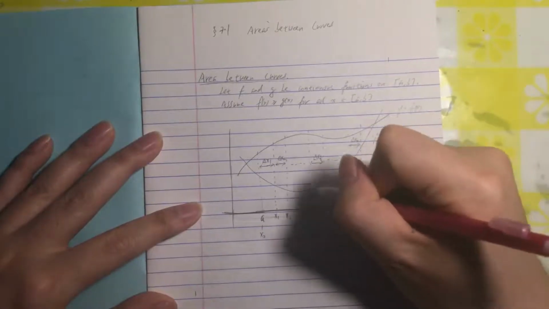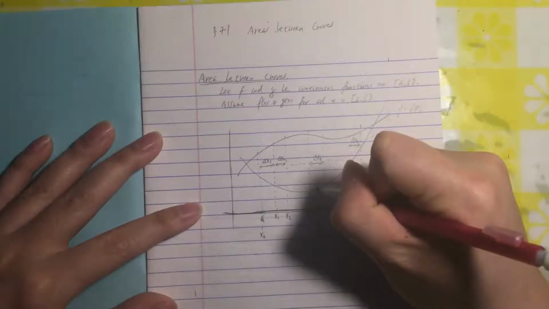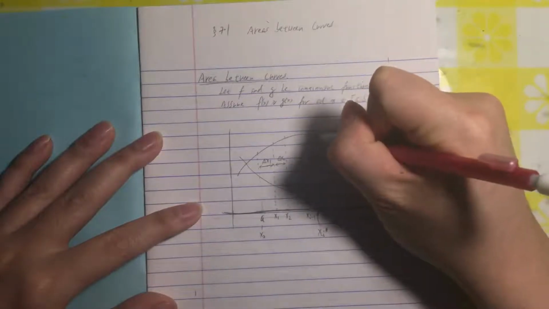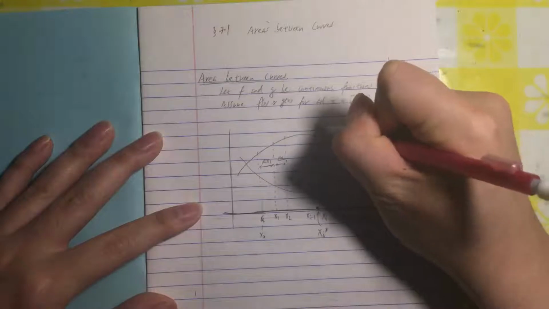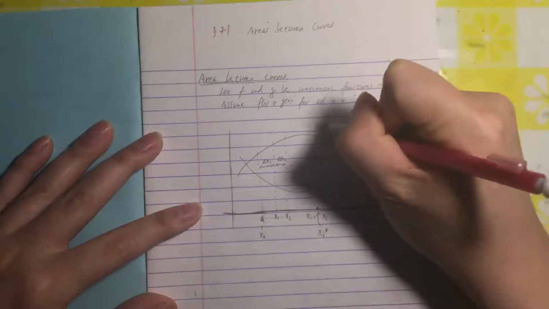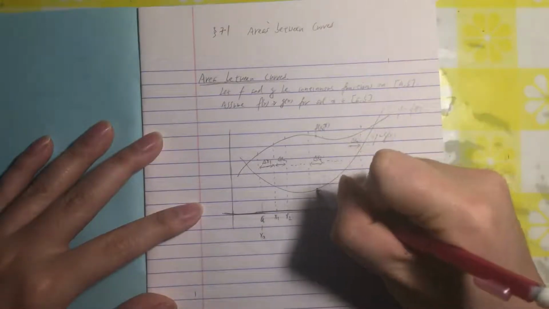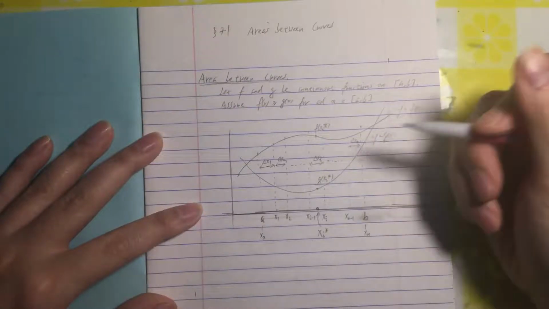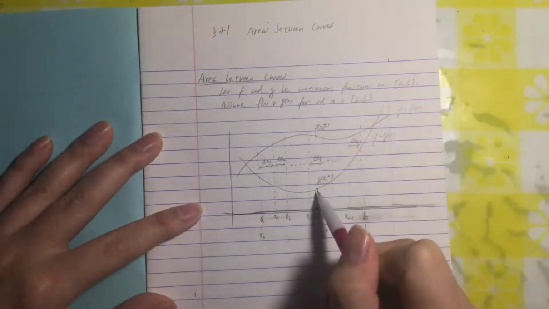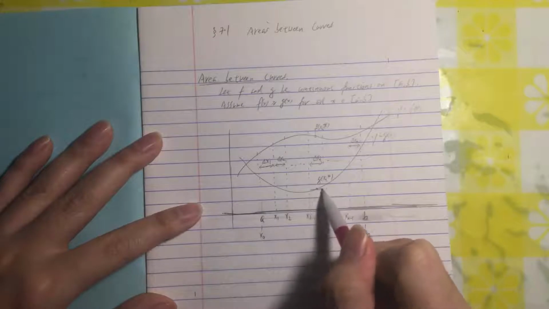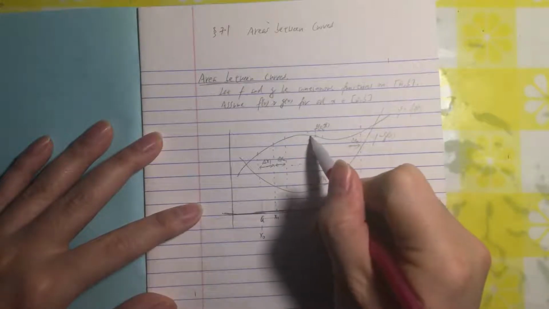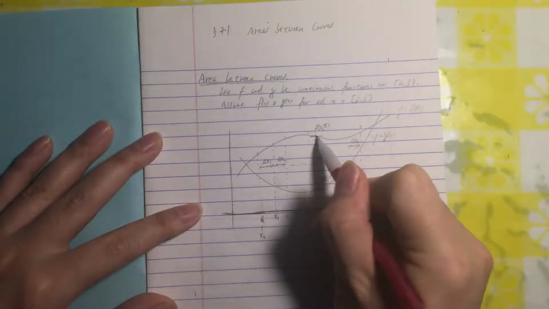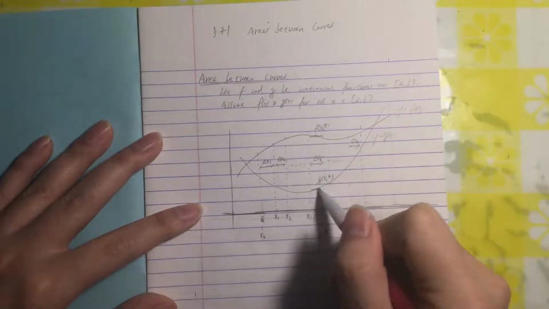Once I choose a sample point, I can find a point here on the curve. This is f of Si star. This is g of Si star. Then use the sample point to approximate the height of the rectangle.